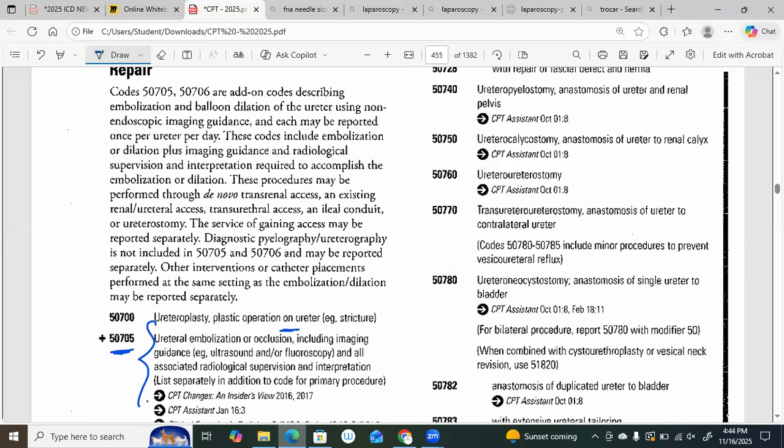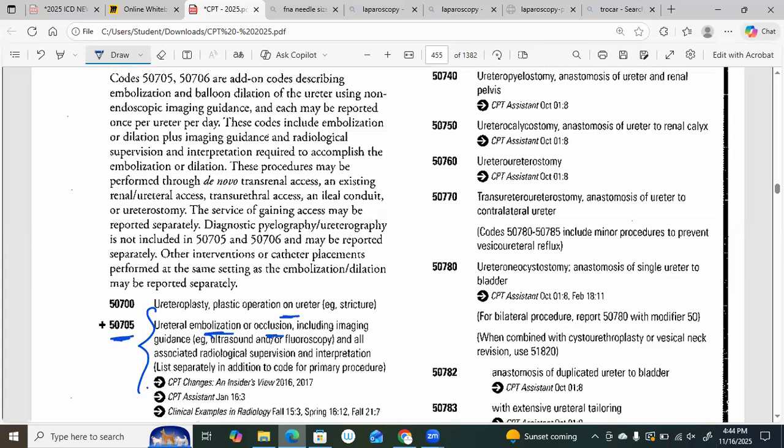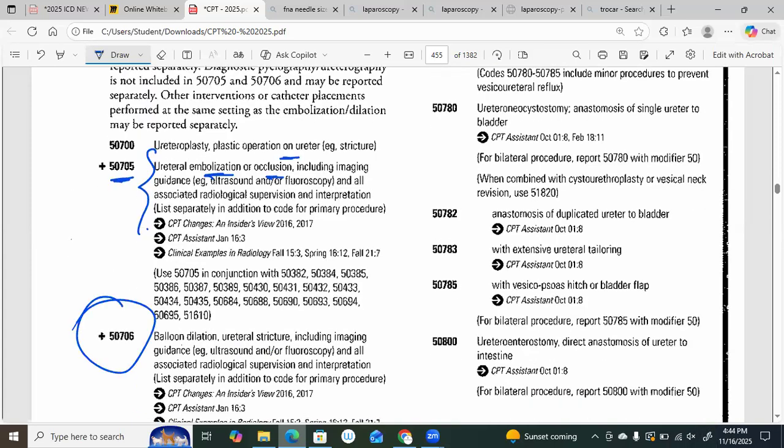These two codes, 50705 and 706, describe the embolization and the balloon dilation. Embolization and occlusion or balloon dilation of the ureter, where the doctor is using non-endoscopic imaging guidance. So these two codes we have to use in conjunction with the other main procedure to represent the embolization or the dilation of the ureters.